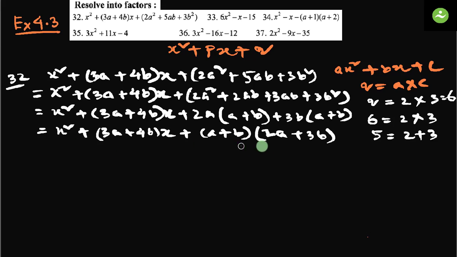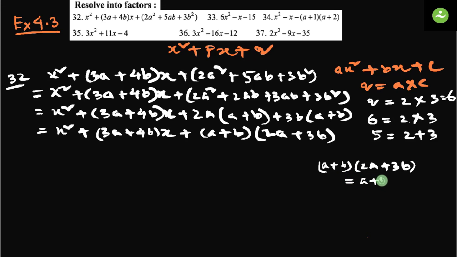To solve this expression, here q is (a plus b) into (2a plus 3b), and let us check. This q equals multiplication of two factors.